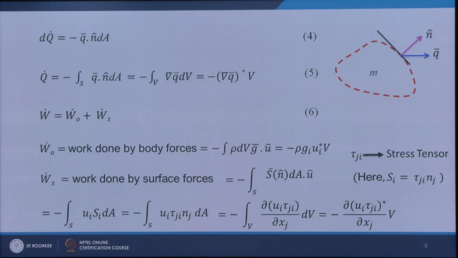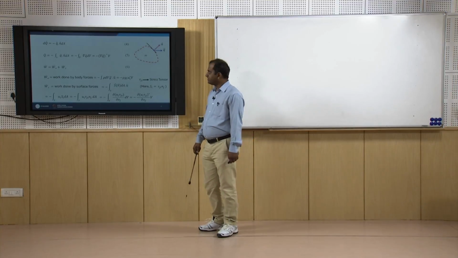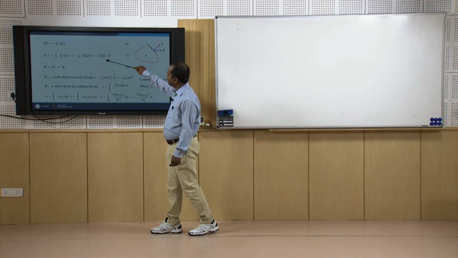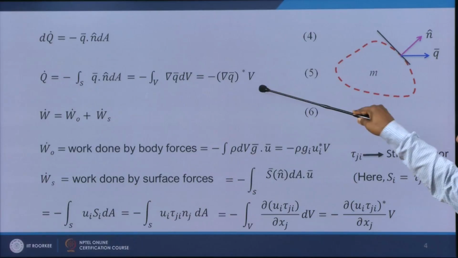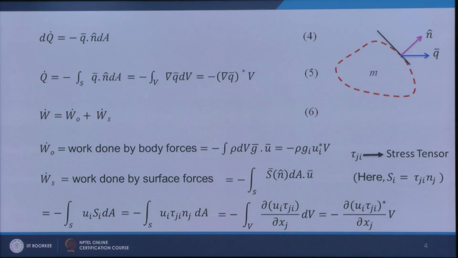So, till now we have seen that energy in transit can be written as Q dot, which is simplified in this fashion, and W dot, which has two components: W dot B, which can be simplified in this form, and W dot S, the work done on the surface by the surface forces, which can be simplified in this fashion.